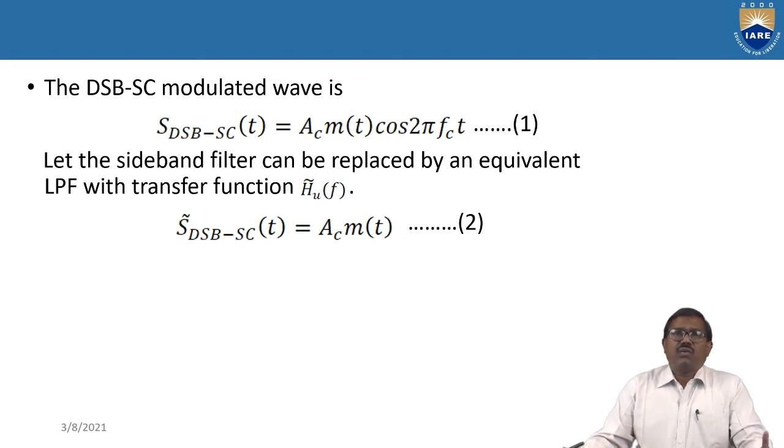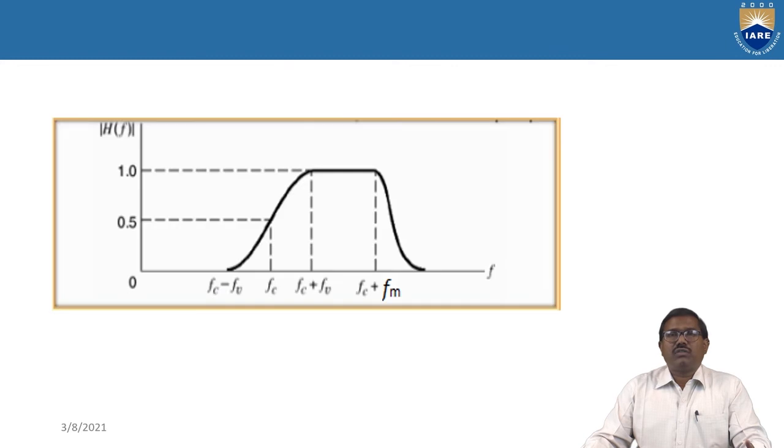Here, we are sending a DSB SC wave through a filter. That filter will shape that DSB signal and produce our VSB signal. This filter is our sideband shaping filter.